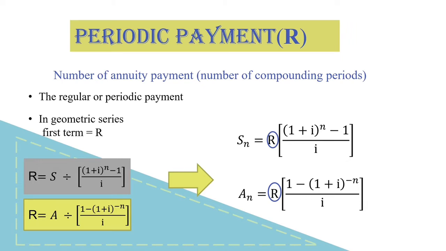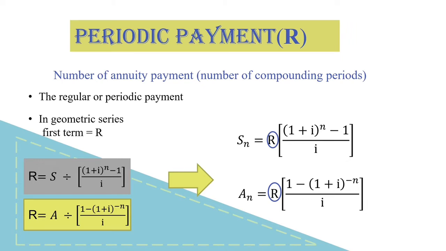The S_n equal to R, the above one, is the formula for the future value, while the below one, which is A_n equal to R, is the formula for the present value.